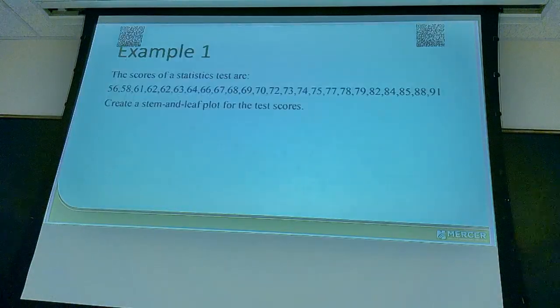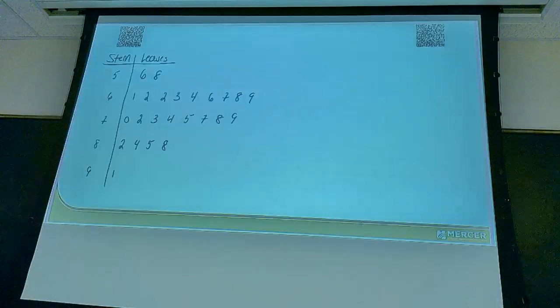And that's just what, 91? Those lines. There's the stem and leaf representation.